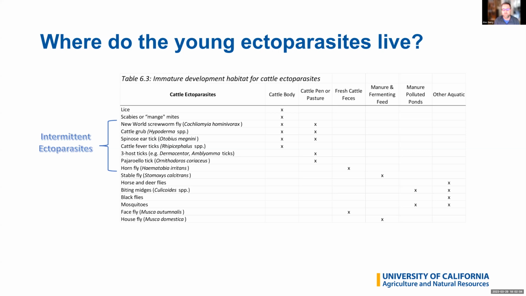And then hornfly, and we'll talk more about hornfly later, but many of you probably recognize hornfly as the fly that sits on cattle, almost like lice. They sit on the cattle most of their life, but they do leave the animal to lay eggs, and the immature stages develop not on the cattle, but out in the pasture.